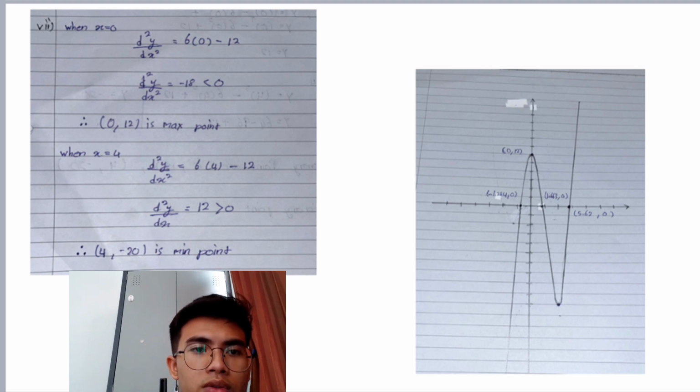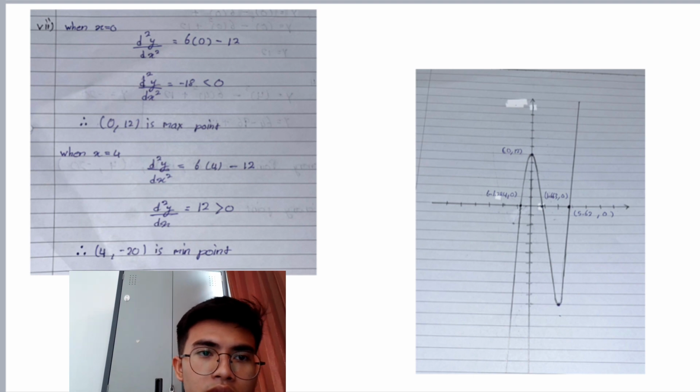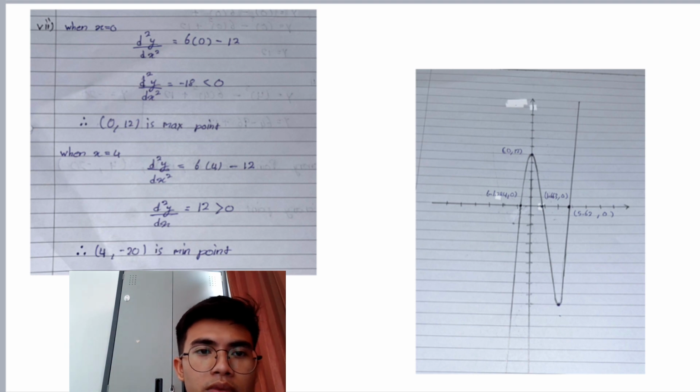And then when x equals 0, we replace the x value with 0. So d squared y over dx squared equals 6 in the bracket 0 minus 12, and the answer is negative 18.